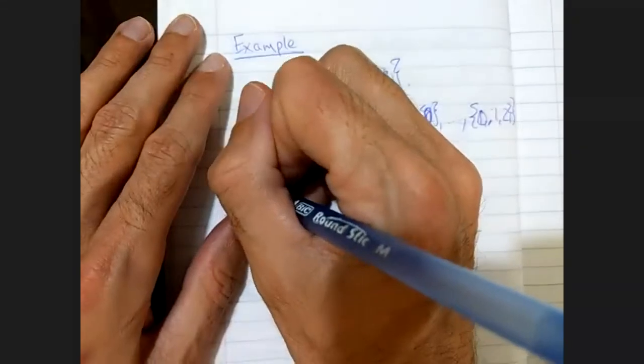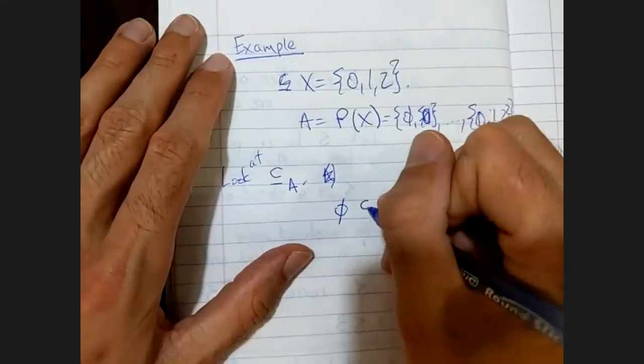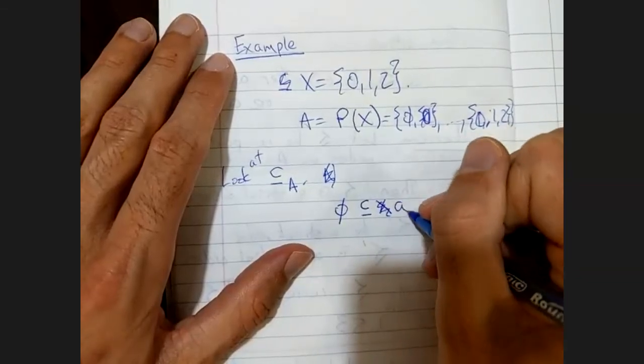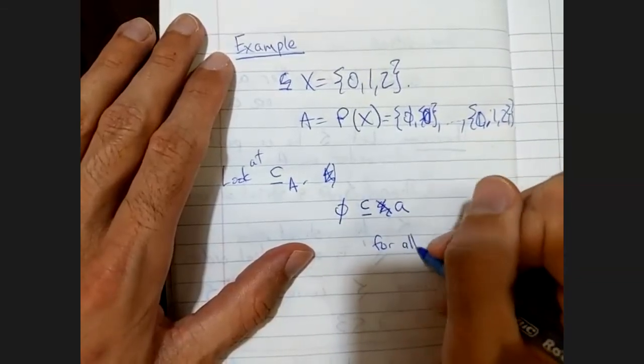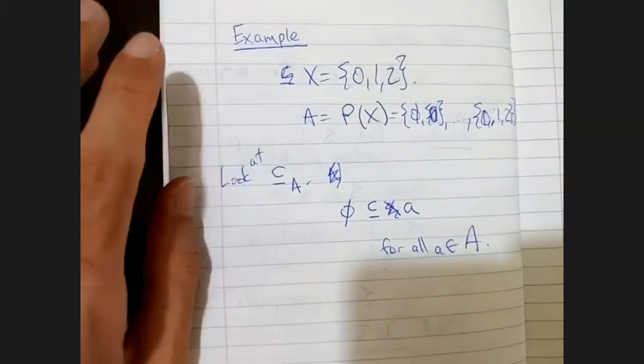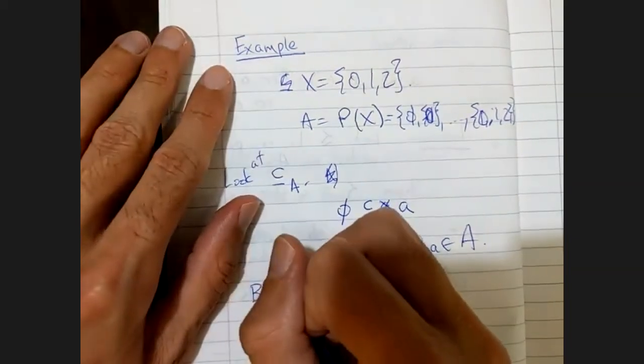The empty set is a subset of every set A. But you have lots of things that aren't related to each other.